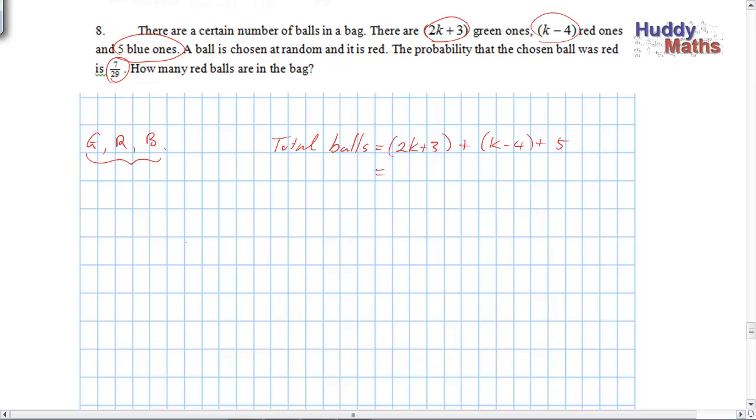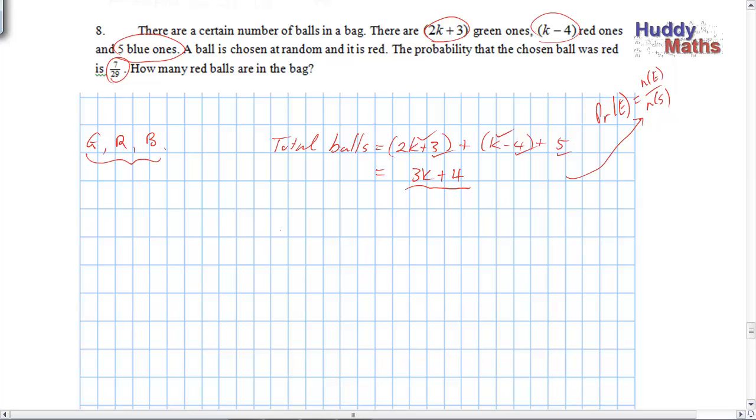But try to think about what you would do. 2k plus k is 3k. 3k take 4 plus 5 is 3k plus 1. So we've got the total balls in the bag, which we're going to need because the probability of an event is the number of times it occurs in a sample space out of the total number of entries, which is the sum of the balls here.